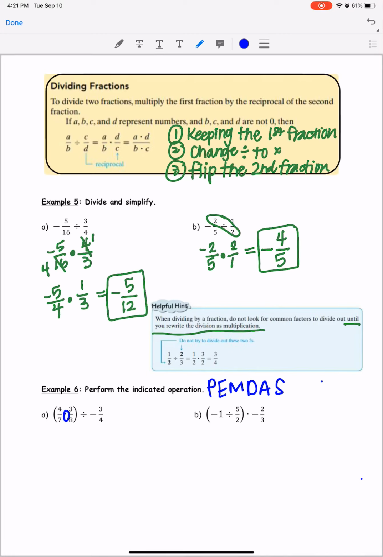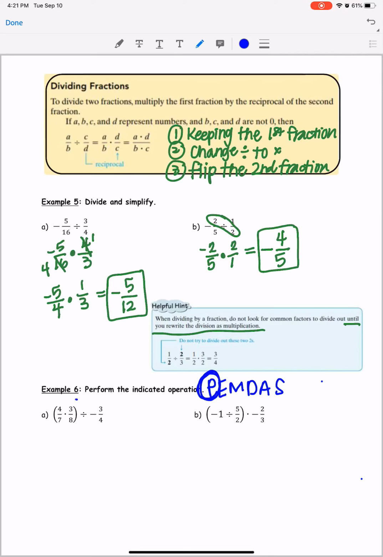So we are using this my dear portion. Remember with this, no. We are actually using this portion here. Remember, parentheses is always first. So in this problem, we've got multiplication in parentheses. So we're going to multiply first. And this one we have division first. So we're going to divide first.